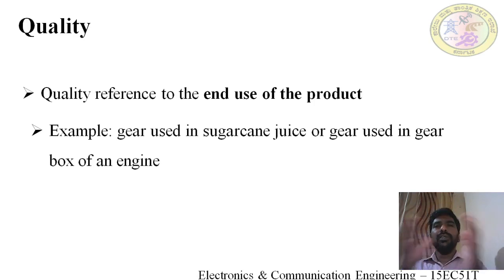Both are different situations with different functionality, and both satisfy the customer requirement. Then the customer says both have quality. That means the product depends upon the situation where you are going to use it. The end user can say it is a quality product. That means quality refers to the end users of the product.